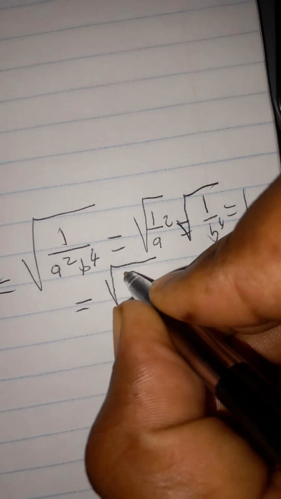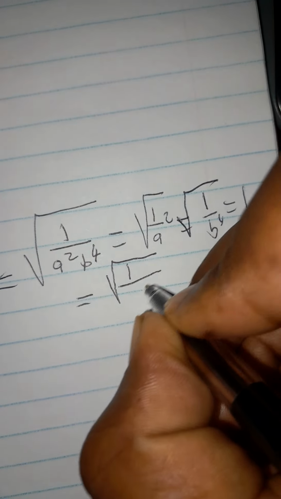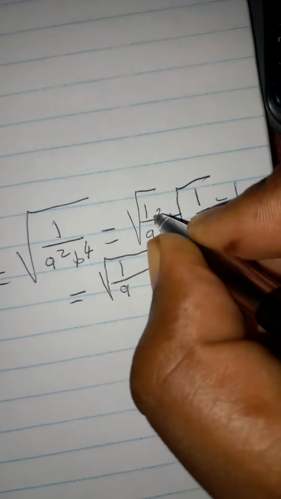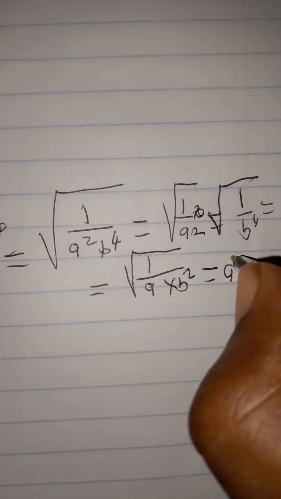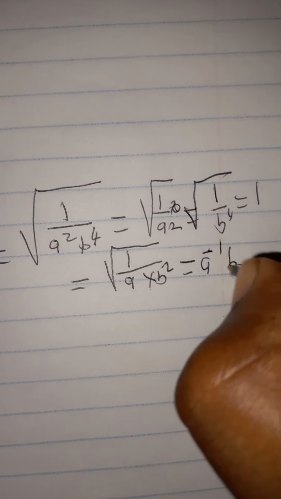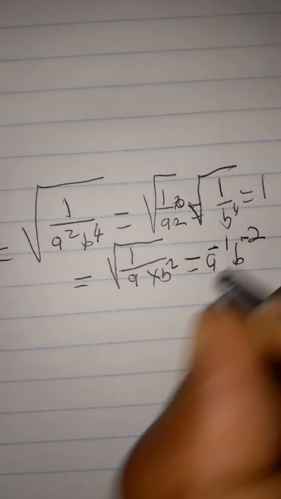What are we going to get here? We are going to get 1 all over a. Remember, it's a squared, and here it will be b squared. So when you're taking this out, we are going to have negative 1 and negative b squared.